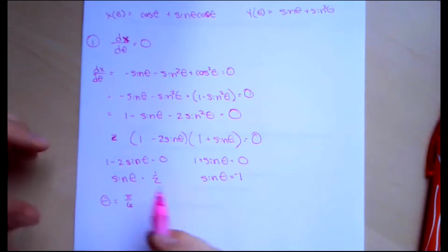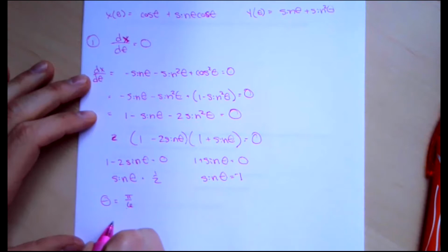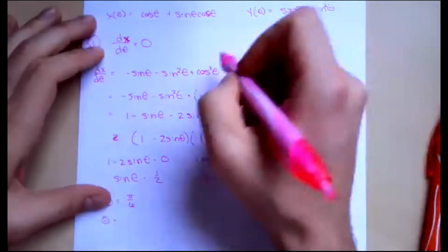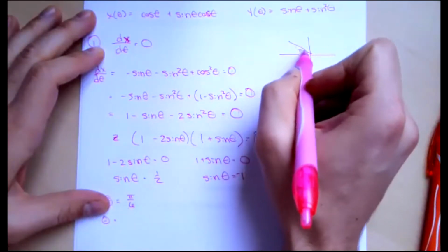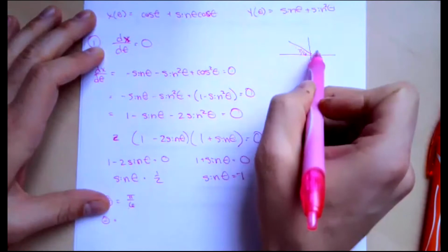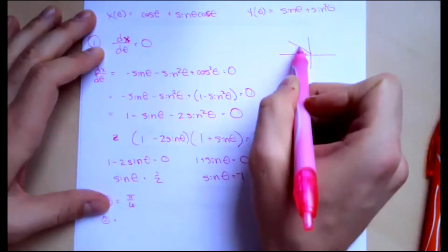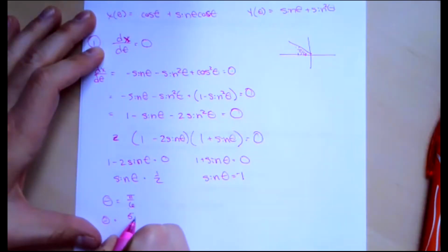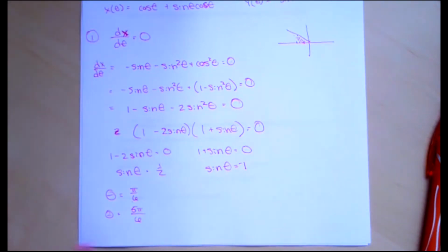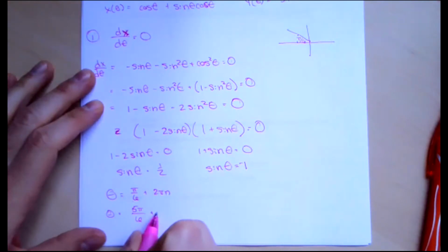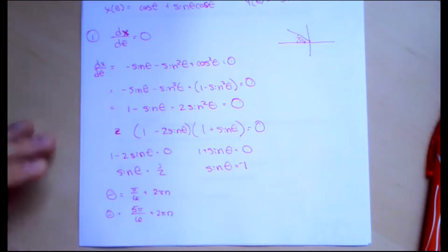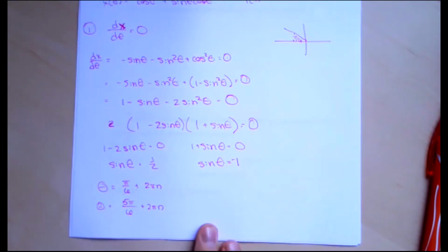And then sine is also positive in the second quadrant. So you can draw it somewhere. We need a second quadrant pi/6 reference angle. So 6 pi/6 minus pi/6 gives us 5 pi/6. And of course, since we can wrap around the circle, you can add your 2 pi n's there.